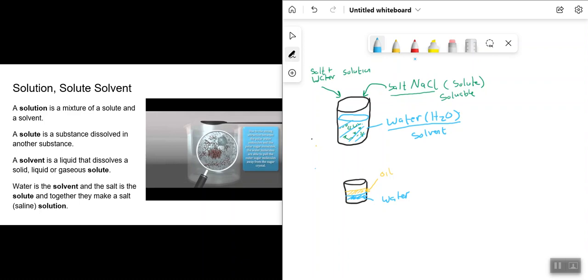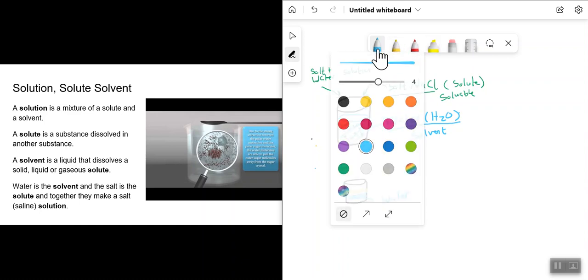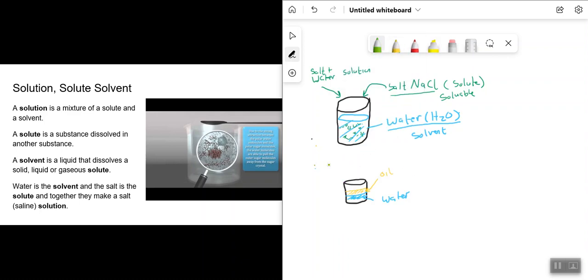Oil is insoluble. In other words, it doesn't mix like the salt mixes with the water. The oil will just sit on top of the water. It won't actually mix into it.